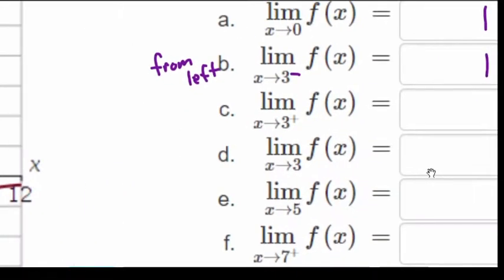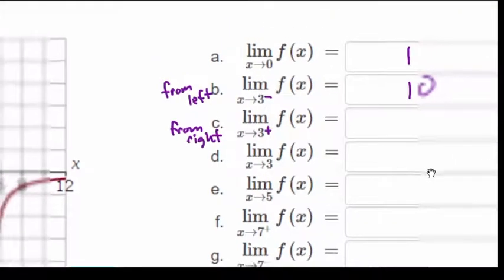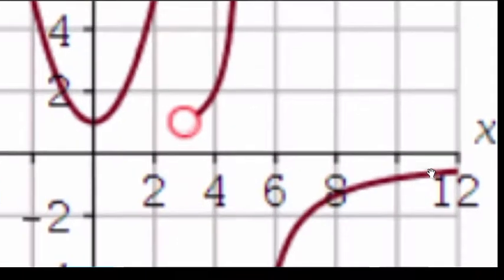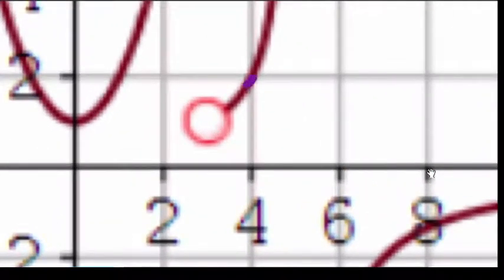And let's take a look at our next question here, where we're going to approach 3 from the right. So I'm on my line. I'm getting closer and closer to 3. And when I get there, it doesn't exist. Like the graph stops, but it does approach a value. And what is that value? Well, we can see if we zoom in, if we get really close to 3, but not actually 3, so we're right here instead of here.